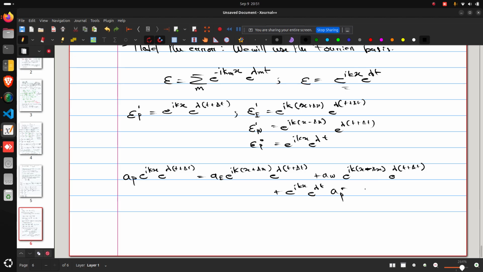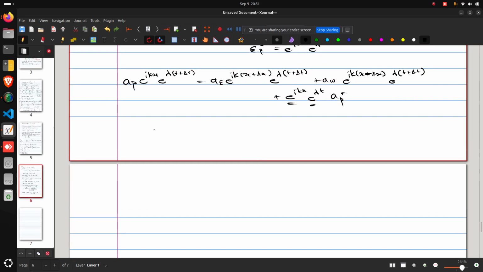Okay. Now we will divide everything by e to the power i k x and e to the power lambda t. So what do we have if we divide that?